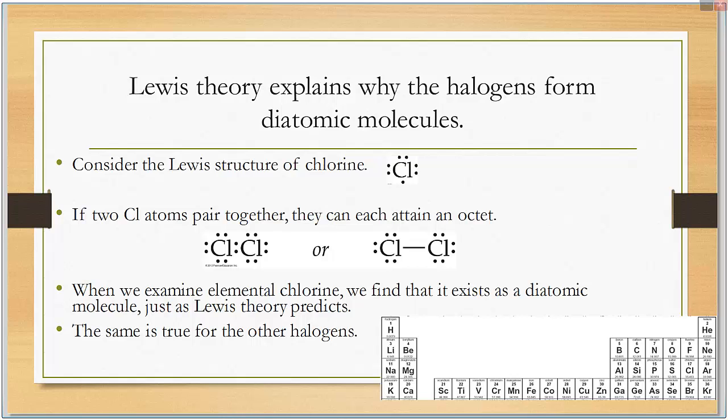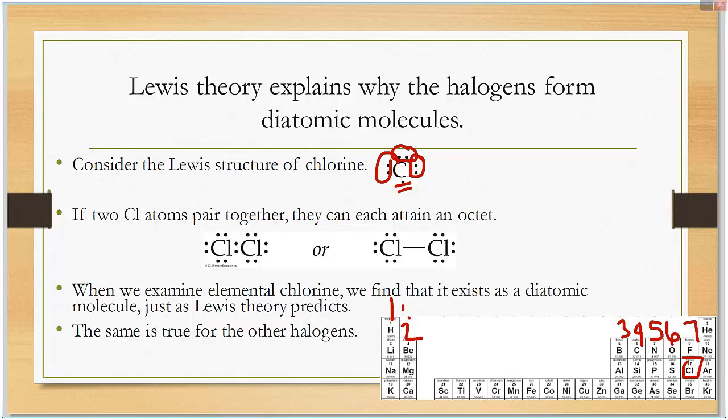So let's take a look at diatomic molecules and how this can explain diatomic molecules as well. If we look at the Lewis structure for chlorine, chlorine is right here. 1, 2, 3, 4, 5, 6, 7. It's in the 7th row, so it should have 7 electrons. 2, 4, 6, and then the lone electron of 7.